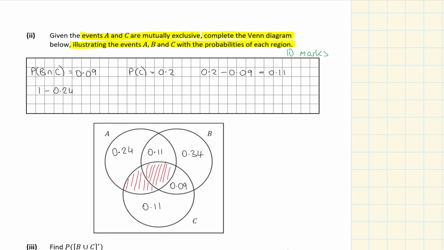Or else you can add them together and subtract your answer from 1, same difference. Minus 0.34, minus 0.09, minus 0.11. All into your calculator. So 1 minus 0.24 minus 0.11, 0.34 minus 0.09, and 0.11 again will give me, what did I miss there?